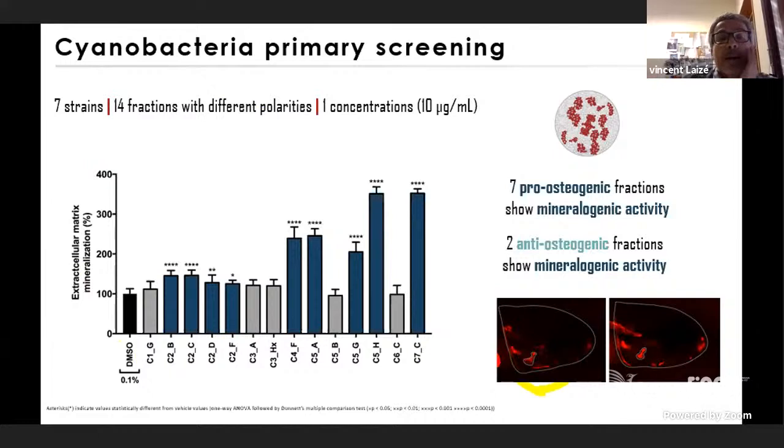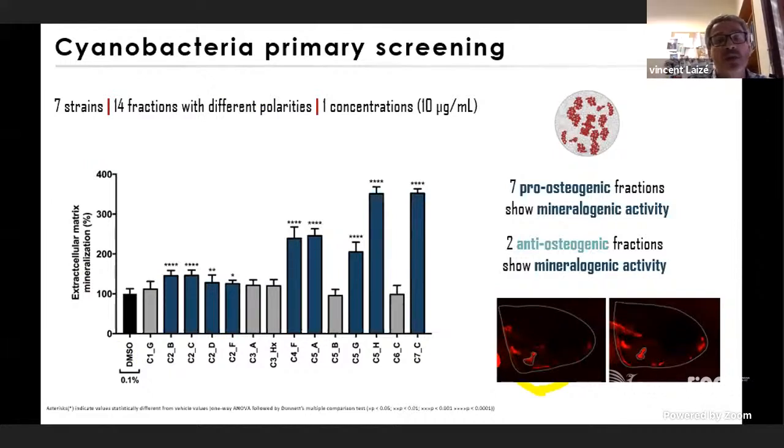So just to conclude on that, the fish cell lines are very interesting tools to screen natural extract for compounds that could increase the mineralization of the extracellular matrix.